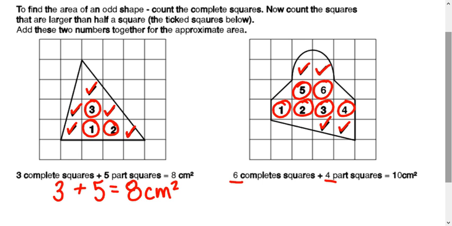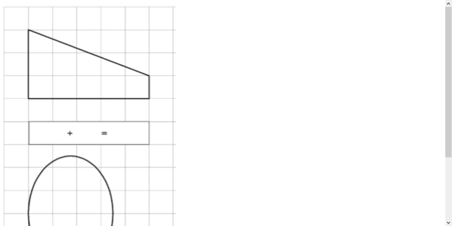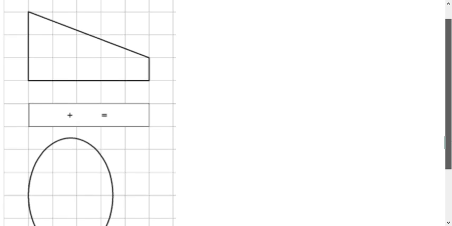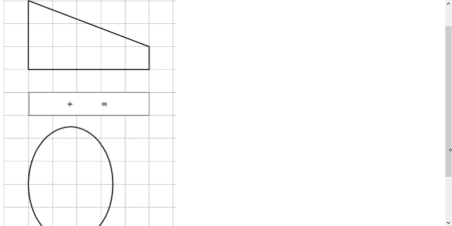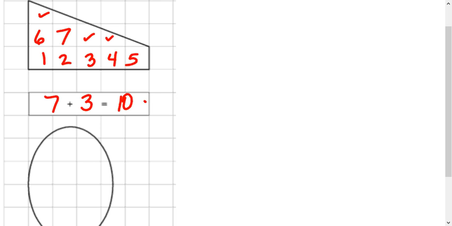So let's look at a couple of examples. I could look at shapes like this and say, well, I have 1, 2, 3, 4, 5, 6, 7 complete squares. And I would say 1, 2, probably those 3 are more than halfway filled. So I would say that is 10 square centimeters, if these were square centimeters, is our approximate area for that figure.